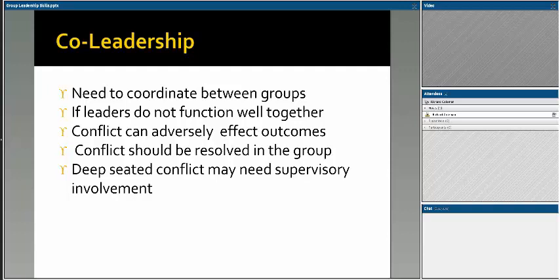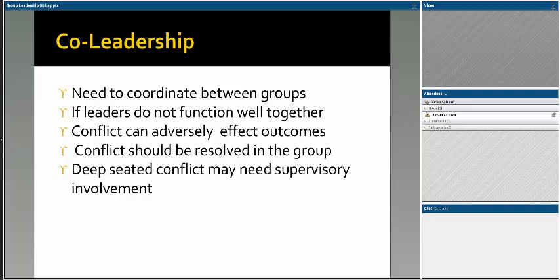Co-leadership also means that you're going to need to coordinate between groups. You really need to set up some time to connect with your co-facilitator to understand how they see things, and as you plan your groups. Also recognize that it's imperative that you work well together, because leaders who don't function well together actually create bigger issues.